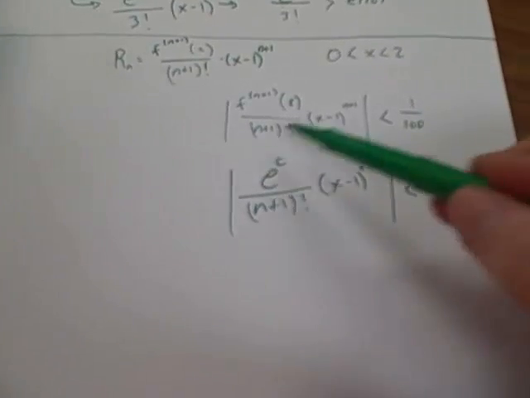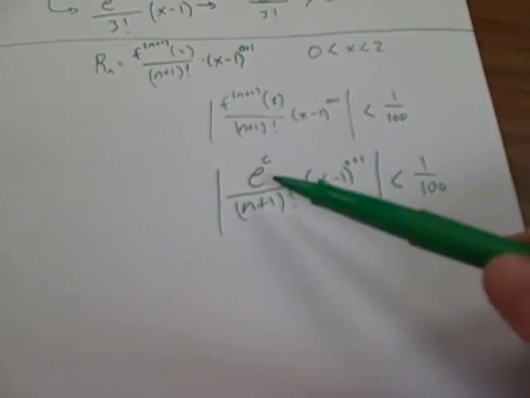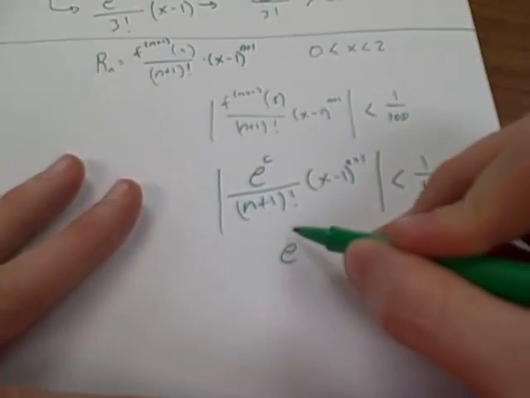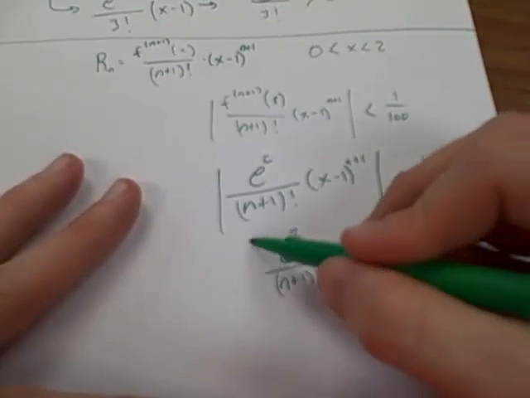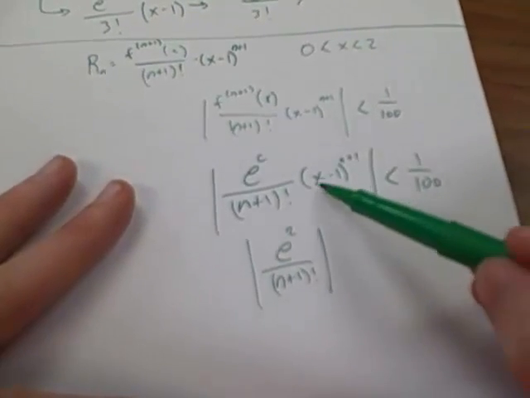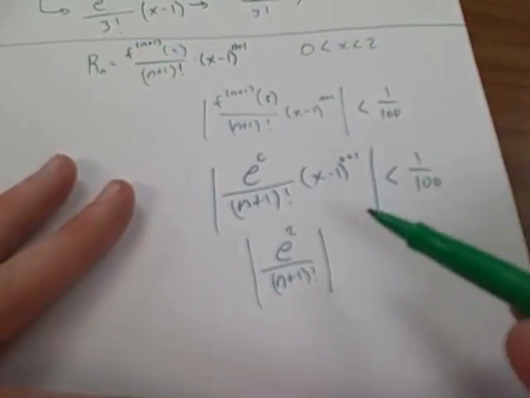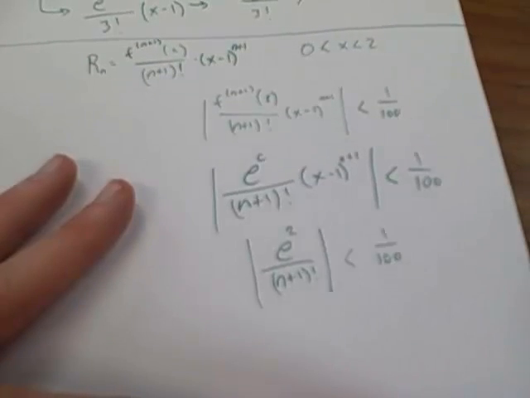So again, if we want to maximize this expression, I think x should be 2, and I think c should be 2. So we've got now e squared over n plus 1 factorial. When x is 2, this whole term just becomes 1. So I want this to be less than 1/100.